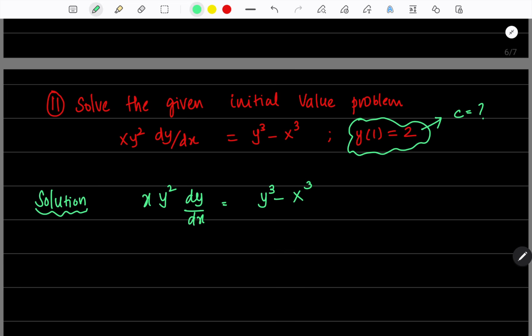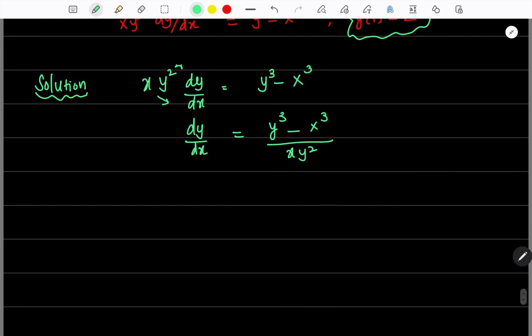C. Because this condition is given to find the value of C. Just keep it in your mind, right? So let's start now. Already it is in the form dy by dx, which is equal to y cube minus x cube divided by xy square, because this is multiplying, so when it goes to the other side, it will divide. Right. So now we have an equation ready, dy by dx.